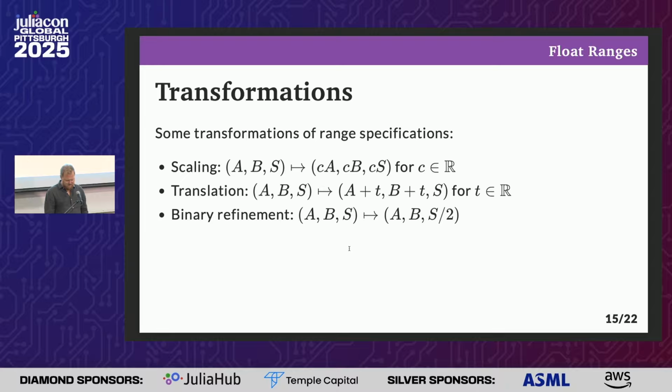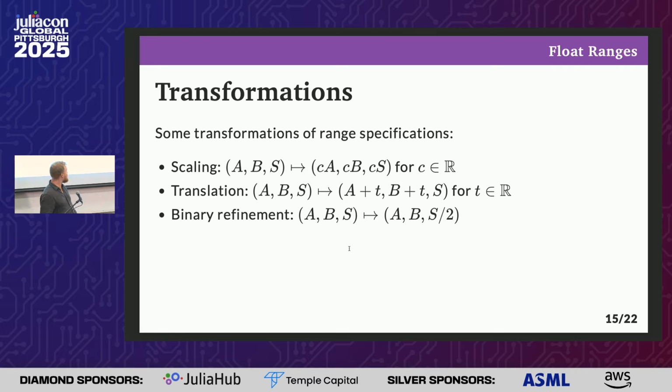The length shouldn't change for either of those. That's sort of a hint of what I mean by invariance. And then there's this last one that it took me a while to hit upon. It's this concept of refinement. If I cut the step in half, it shouldn't really change the endpoints, but it should just make the length twice as big.